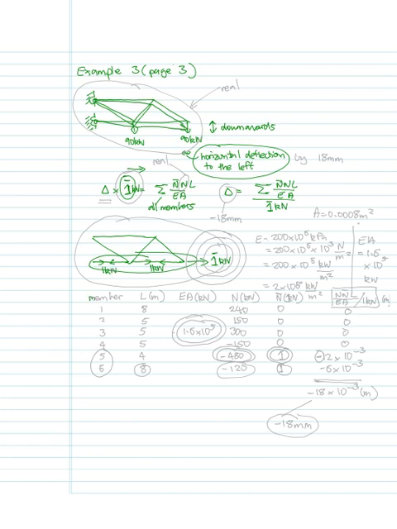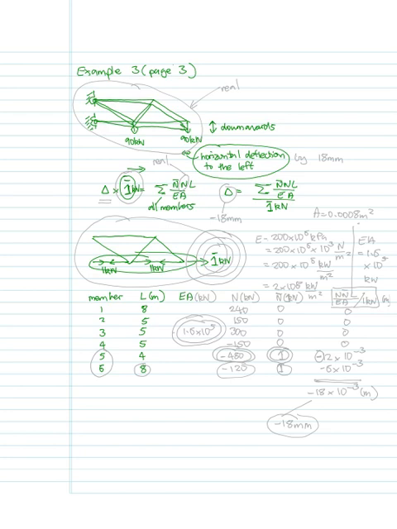So let's list out our members as we did before. So member 1, 2, 3, 4, 5, 6. Let's stick in the lengths in terms of meters. So we'll call that 8, we'll call that 5, 5, 5, 4, and 8.